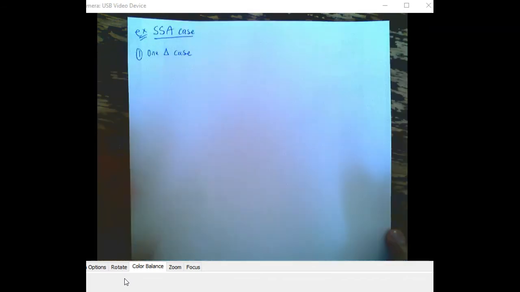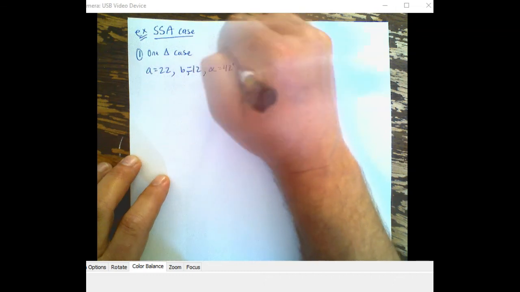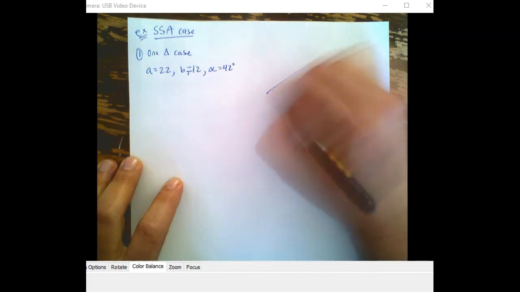Okay. So let's say that we are given little a is 22, little b is 12, and alpha is 42 degrees. Let me draw my triangle over here.